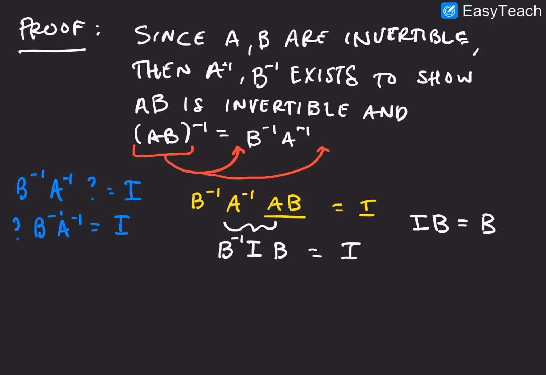So now I have B inverse times B, and this is good practice: above the equal sign, you should put question marks because you're not sure yet if it's equal to each other.